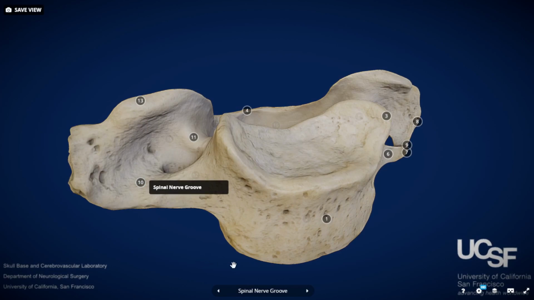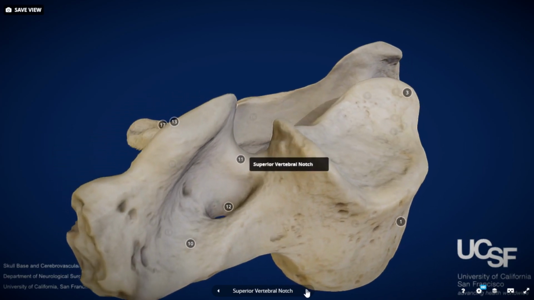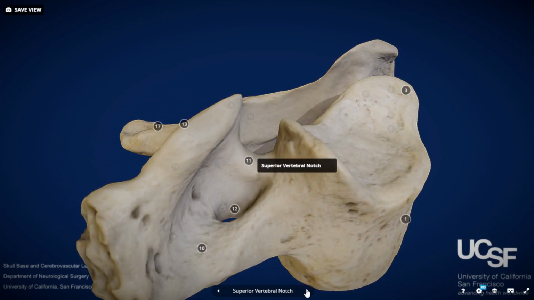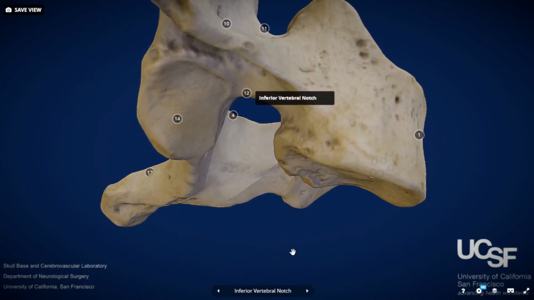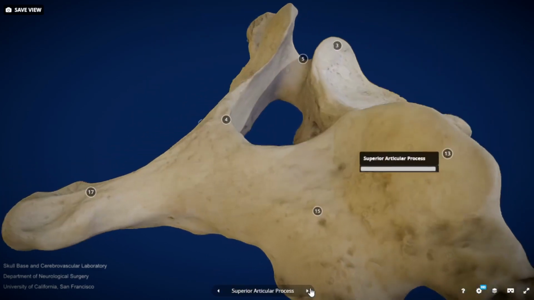And if we move medially, the spinal nerve root is going to be coming out of the superior vertebral notch. And at the inferior portion of the pedicle, you can see the inferior vertebral notch.